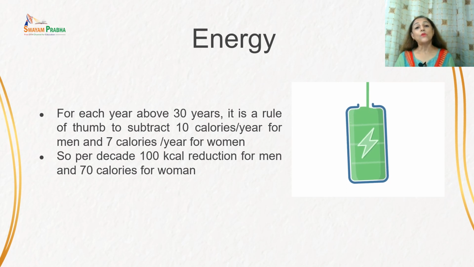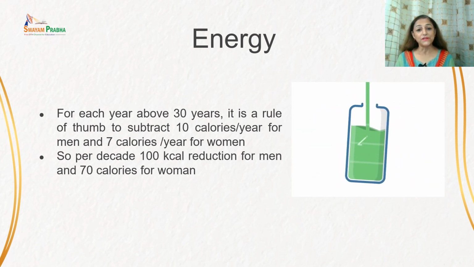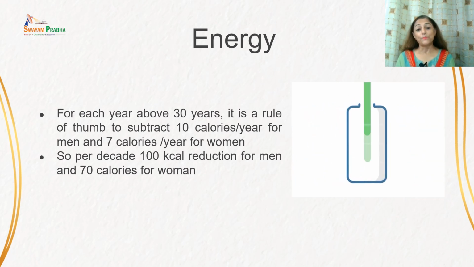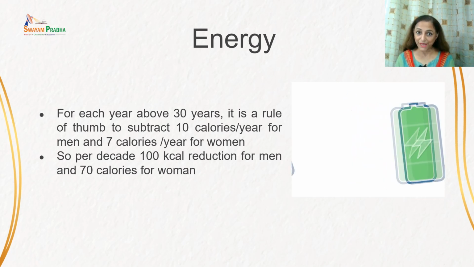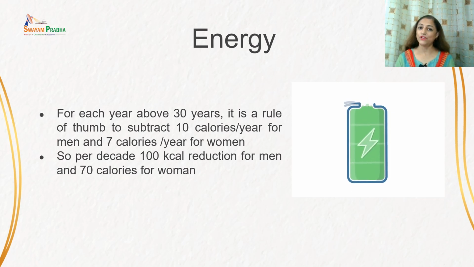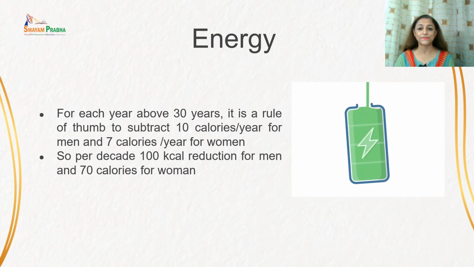When we talk about the elderly, for each year above 30 years, it is a thumb rule to subtract 10 calories per year for men and 7 calories per year for women. So for ease of remembrance, per decade, 100 kilocalories reduction is required for men and around 70 kilocalories reduction is required for women, that is after 30 years of their age.